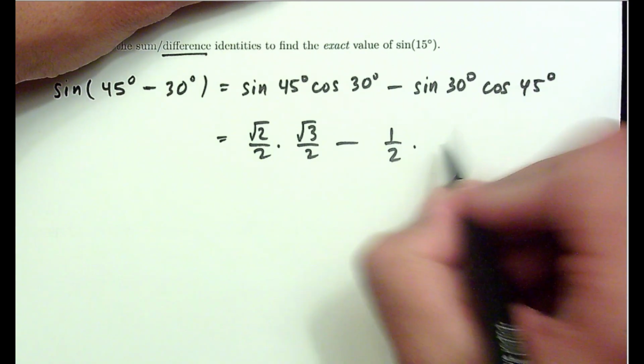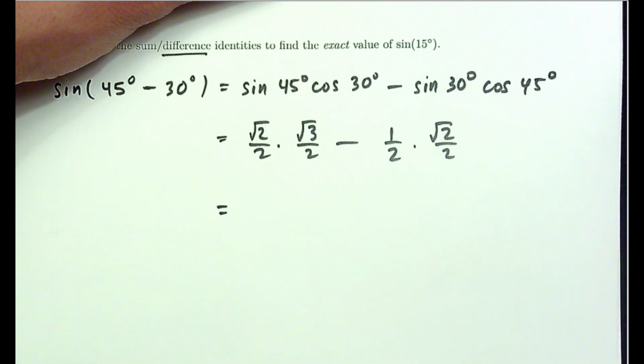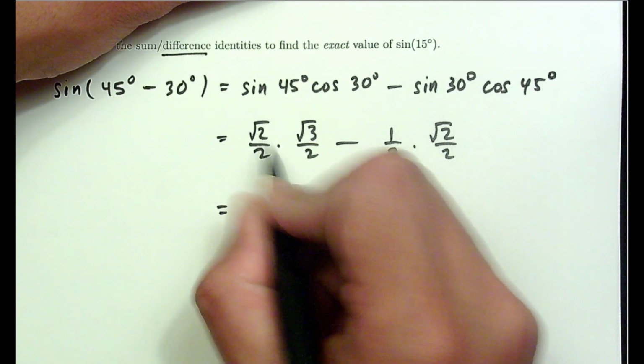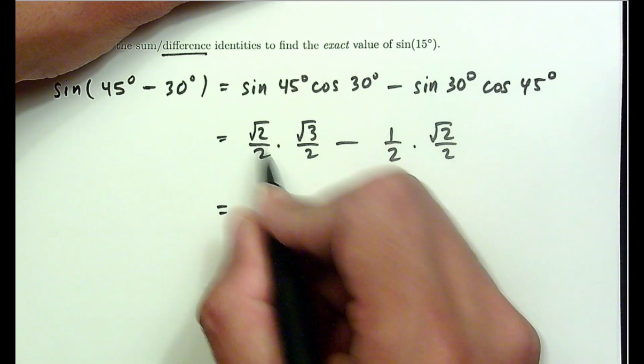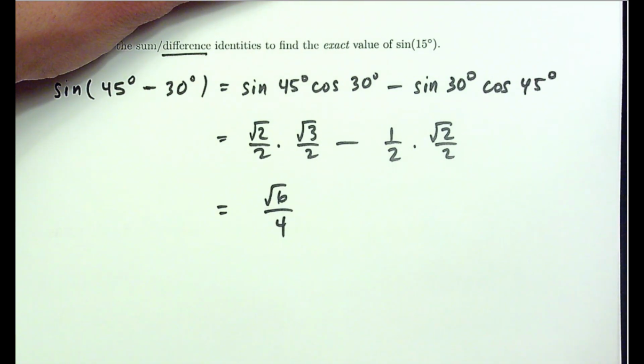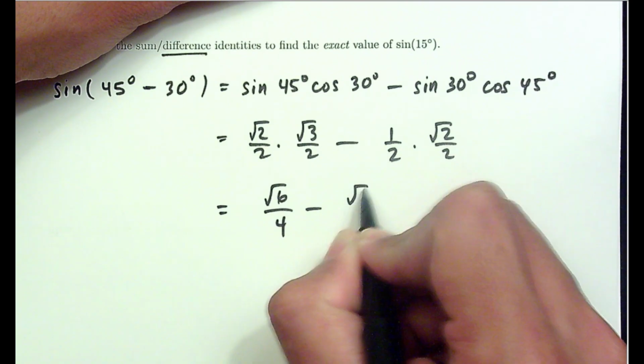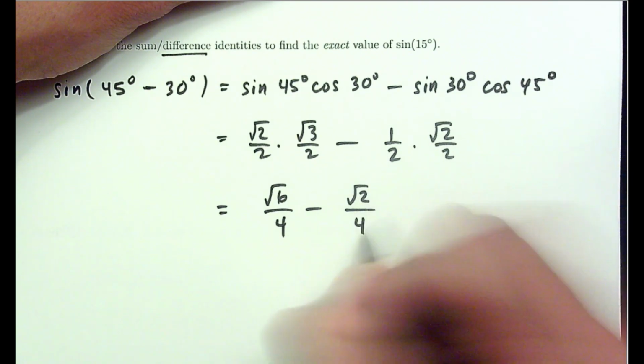And cosine of 45 degrees is square root of 2 over 2. So then simplifying, this is multiplying across the tops. Square root of 2 times square root of 3 is square root of 6. 2 times 2 is 4 on the bottom. And on top, 1 times square root of 2 is square root of 2. And 2 times 2 is 4 on the bottom.